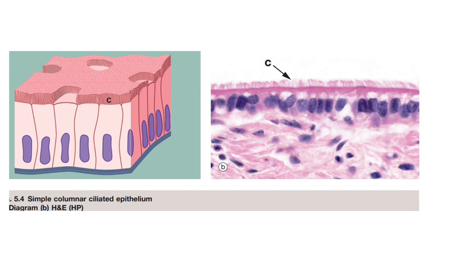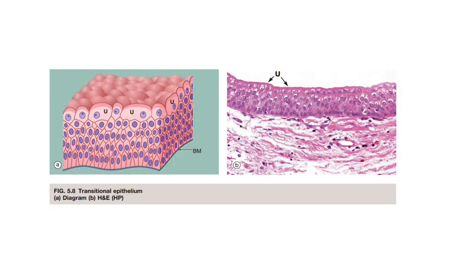Simple columnar ciliated: this is how it will look in histology. This is seen on high power. Elongated nucleus and cilia. Transitional epithelium, umbrella shaped epithelium. If you can see here, it is stratified, but a peculiar epithelium is seen. Urothelium, it is also called.